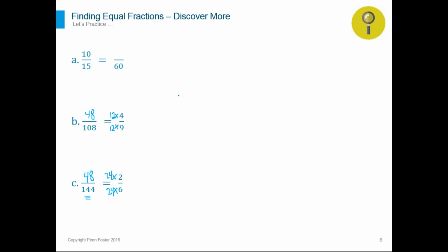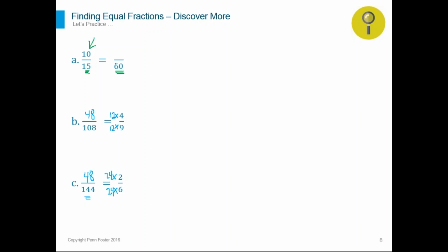So now the question is asking, this is the fraction you're given, and you need to find an equal fraction to this fraction so that the equal fraction has a 60 in the denominator. What times 15 will give you the 60? You may say, well, 4 times 15 gives you 60.